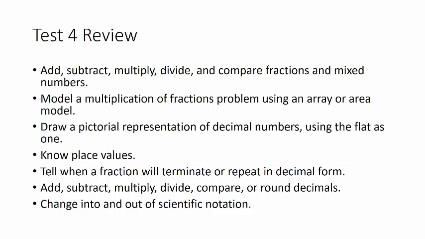So for instance, a denominator of 6, the prime factorization is 2 times 3. Because of the 3 there, we know that the decimal form will repeat. So if the prime factorization of the denominator contains any prime number other than 2 or 5, the decimal form will repeat.